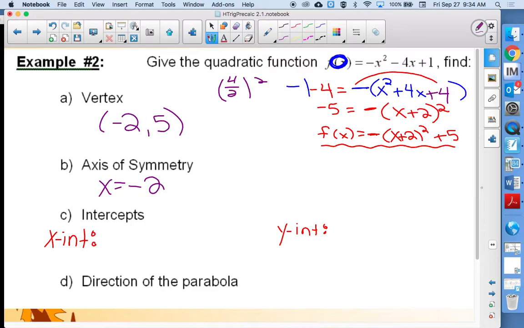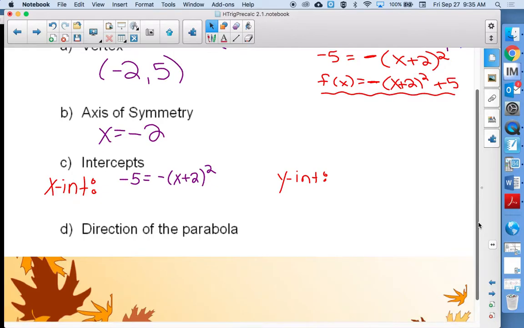So to find the x-intercepts, go back to your equation, and x-intercept is found when y is 0. So that means I would have to take the 5 back to the other side. And then Garrett, what would we do to solve for x? First you divide by the negative 1. Yeah, so that's how this becomes positive.